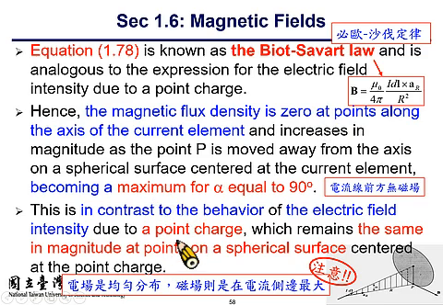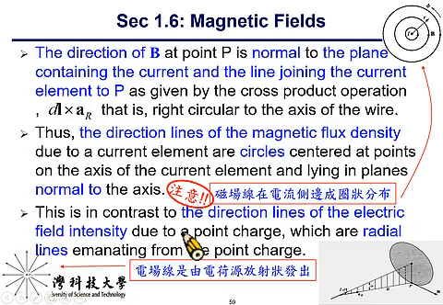So this is the major difference from the electrical field produced by a point charge. The magnetic field or magnetic flux looks like currents surrounding the neighborhood of the current flow.